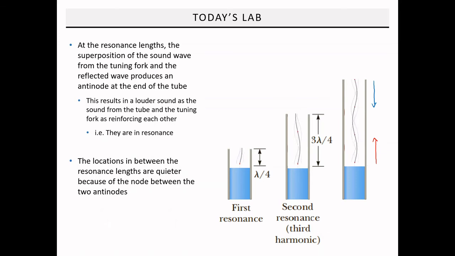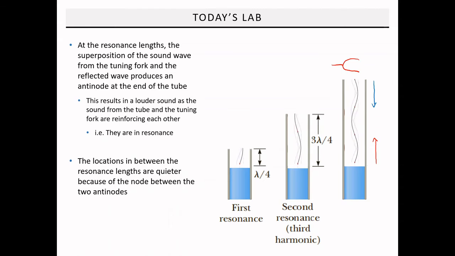Those two waves combine to give you the black wave shown. So if we play a tuning fork at the open end of the tube, it will send a sound down the tube, represented by the blue wave. The sound will reflect, represented by the red wave, and they'll combine to give you the black wave.